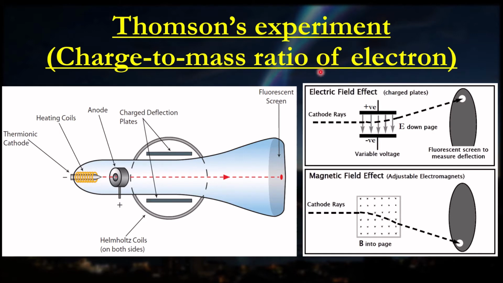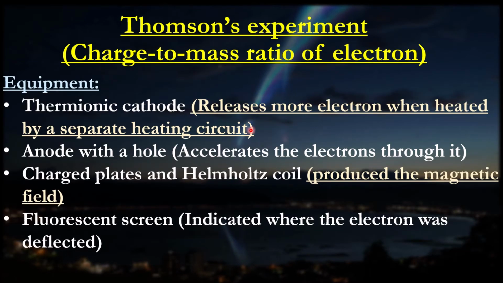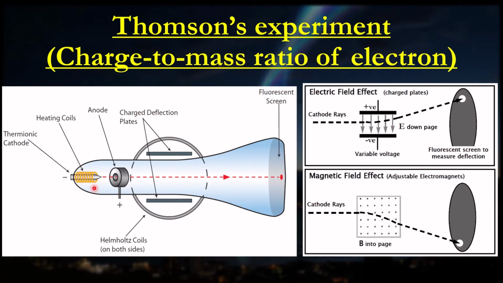Okay, so the charge to mass ratio, and I'm going to show you a little simulation here, is to investigate the effect of electric fields and magnetic fields on a moving charged particle. If we just look at the equipment, we have the thermionic cathode. What that actually means is we're going to heat up the cathode, and remember what I said earlier, heating up the cathode will release more electrons.